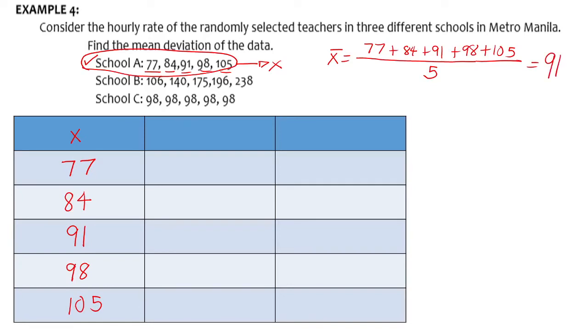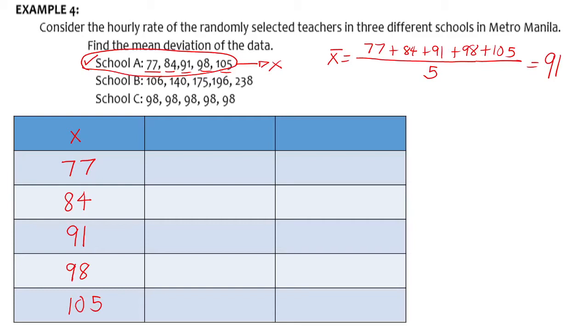Were you able to get 91? All of you, please check. If all of you got 91, please confirm. Okay, so the mean is simply 91.